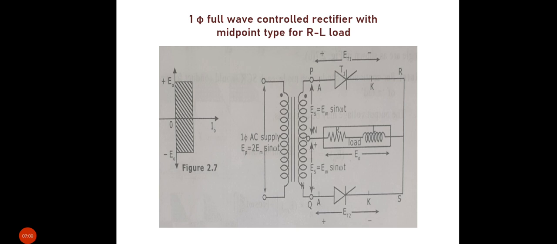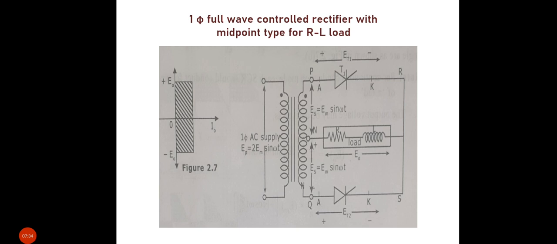During the negative half cycle of the supply voltage, terminal Q is more positive with respect to terminal P. Give the gate signal to thyristor T2 at omega t equal to pi plus alpha, and the load current follows the path Q, T2, RL load, then N. Its direction is the same as the direction of the load current in the previous mode.